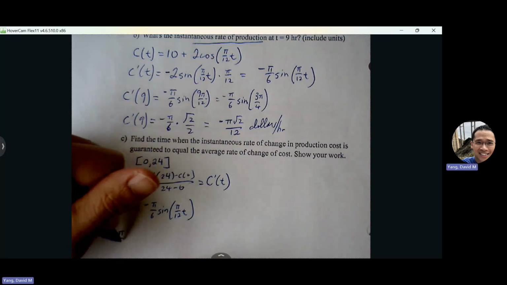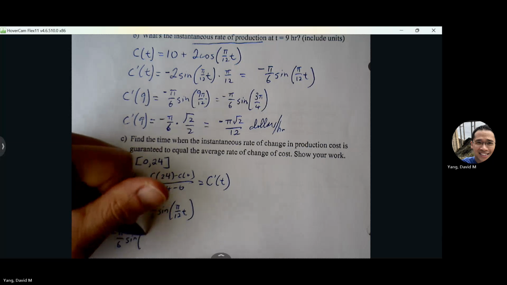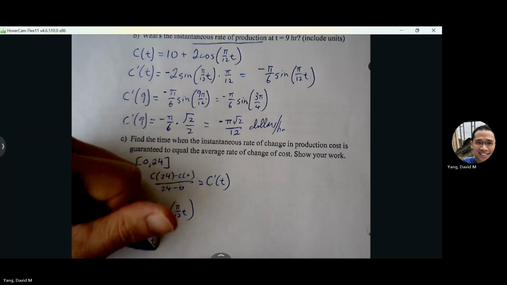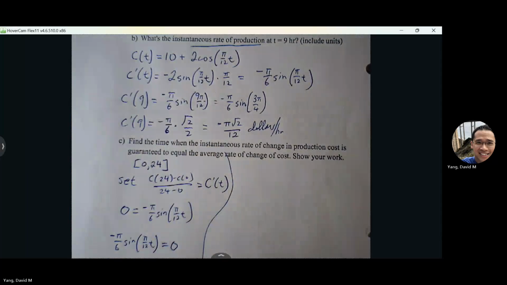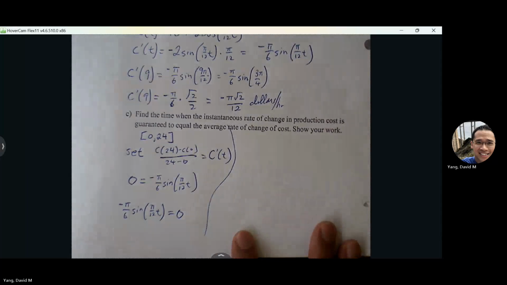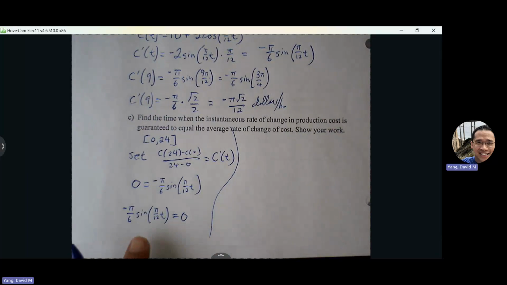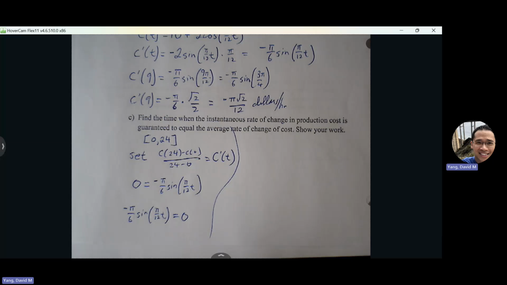So it's basically this. We want to solve this out, work it out by hand. First off, divide both sides by negative pi over 6.